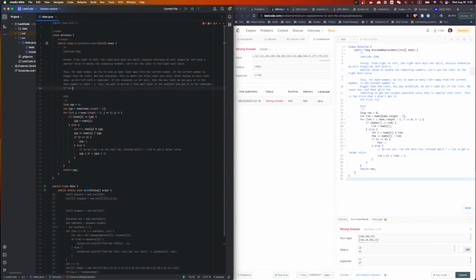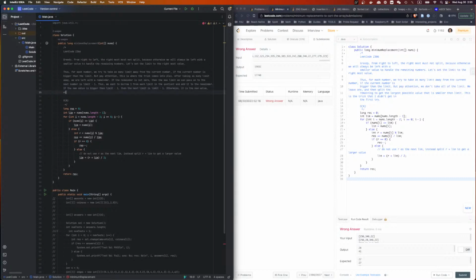If the new value is bigger than limit minus 1, then the next limit is limit minus 1. Otherwise, it is the new value, which is remainder plus quotient.